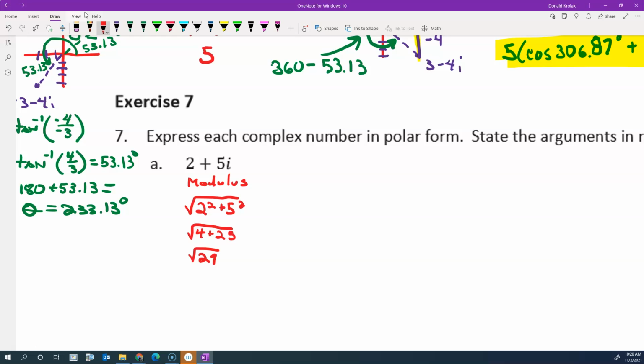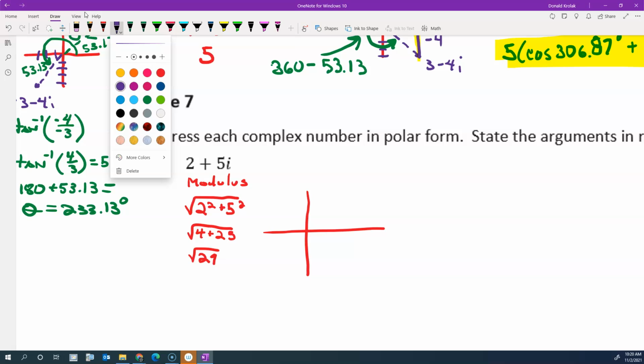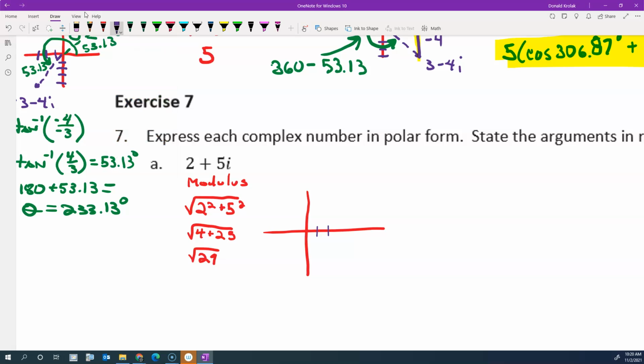All right, and then we'll graph it. So 1, 2, 1, 2, 3, 4, 5.